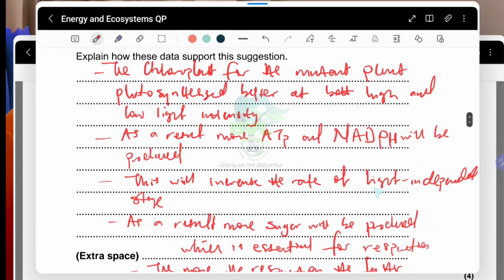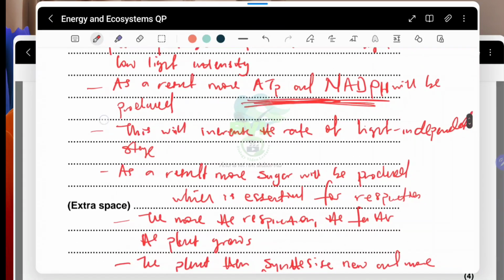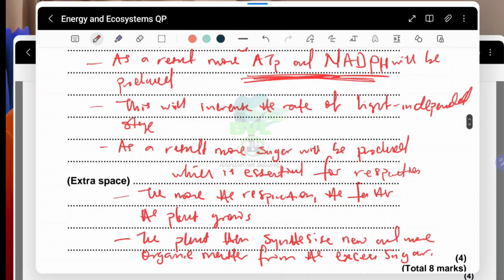This will increase the rate of light independent reaction, because these two are what you will use during your light independent reaction, which is the Calvin cycle. So as a result, more sugar will be produced, which is essential for what? Respiration. The more the respiration, the faster the plant grows.